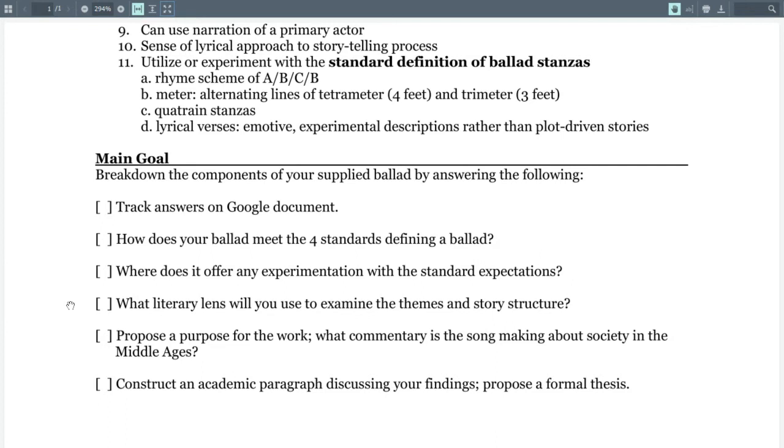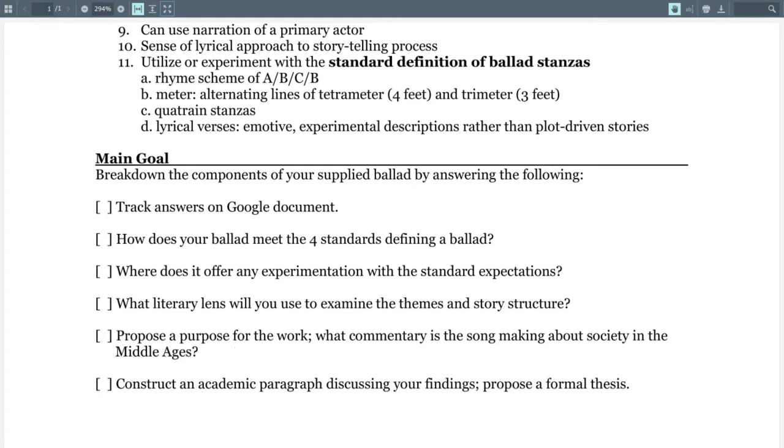Now, after you break down these 4 items, you then are going to turn to the closing concepts of the theme. What literary lens will you use to examine the themes and the story structure? So, looking at the collection of literary lens choices, you want to find a purpose for the work.